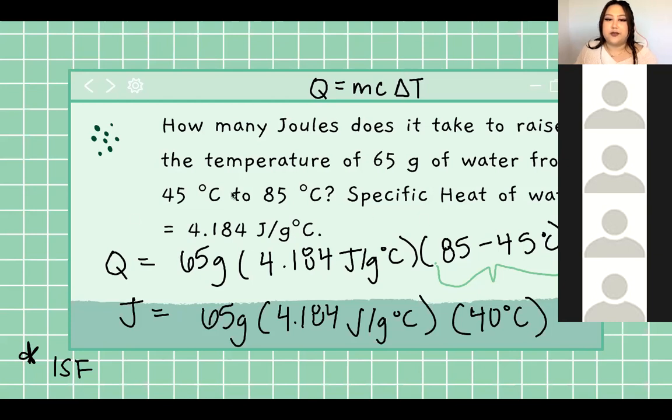When considering sig figs for a specific heat, the specific heat never counts. We never factor that in because it's an exact, so we don't have to use this. But because this is addition and subtraction within, like you said, an equation within an equation because of the parentheses, we would use the plus and minus sig fig rule in here, and then we would do whatever we get here.